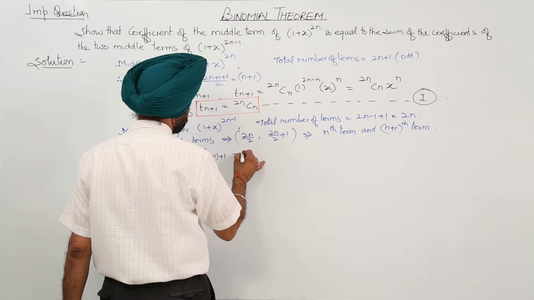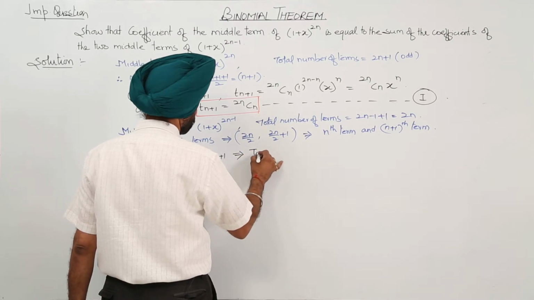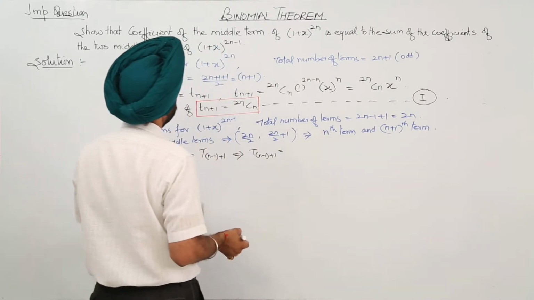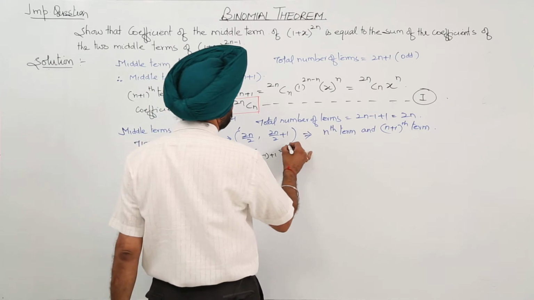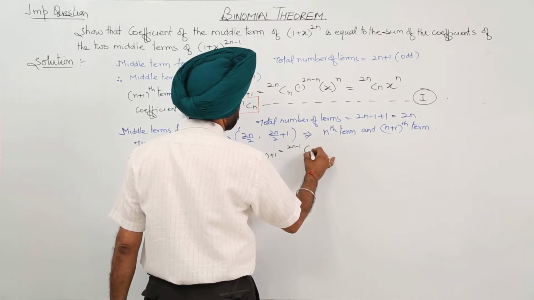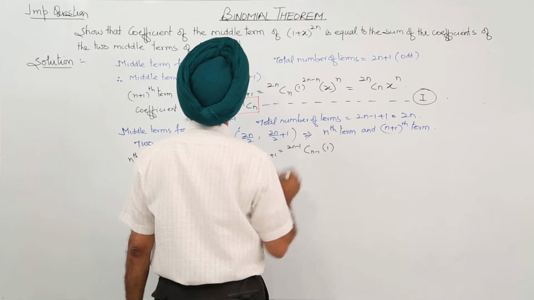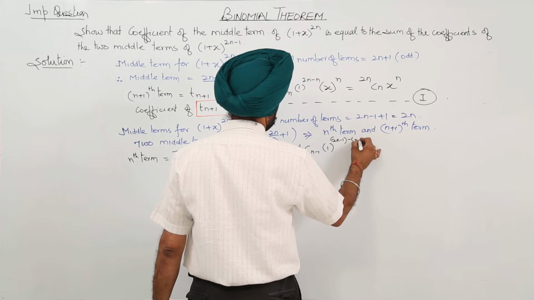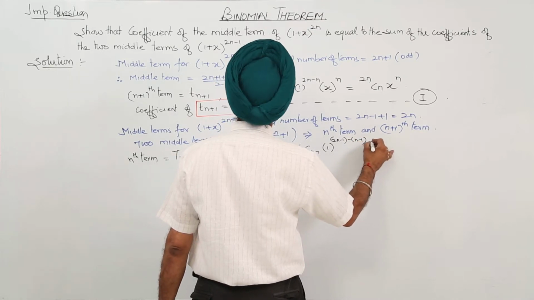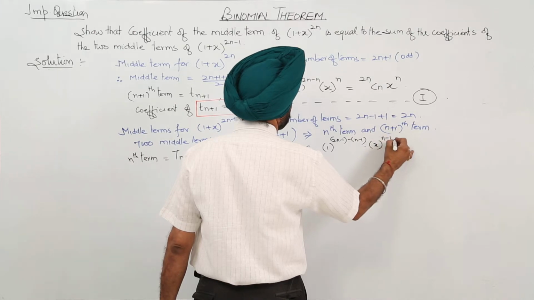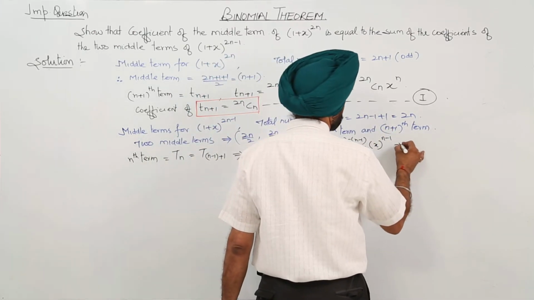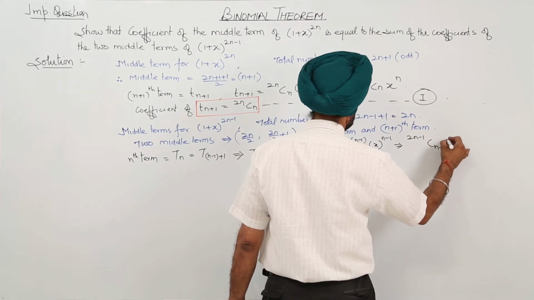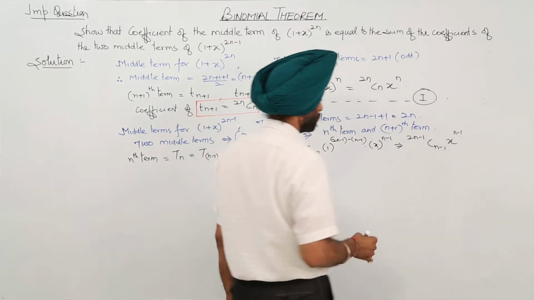Now T(n-1+1) is equal to, we have to find for this expression, (2n-1)C(n-1) with 1 raised to power (2n-1)-(n-1), with x raised to power n-1. Now this is equal to (2n-1)C(n-1) x^(n-1).